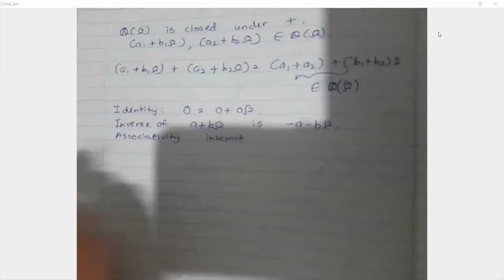Therefore, it satisfies all the conditions. The associative property is also inherent. I'll write associativity, because the associativity property holds for addition in the additive group of reals. Therefore, it's also an inherent property.